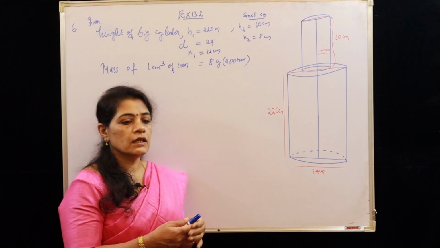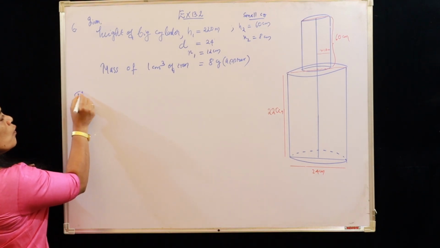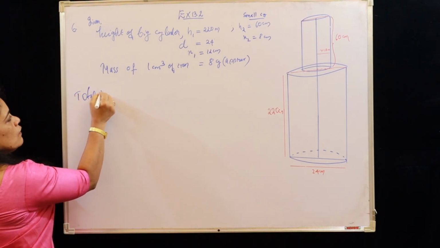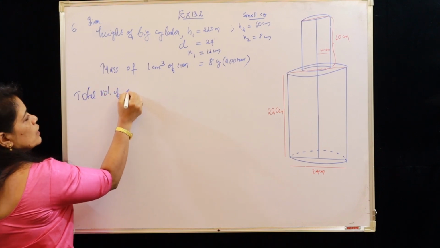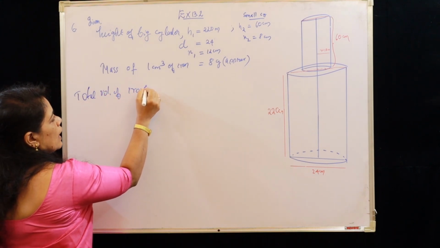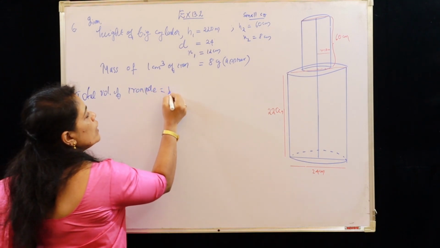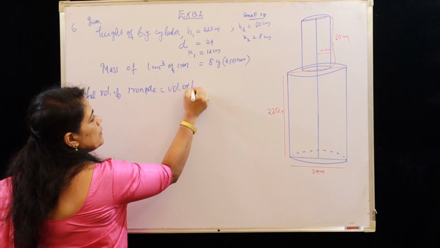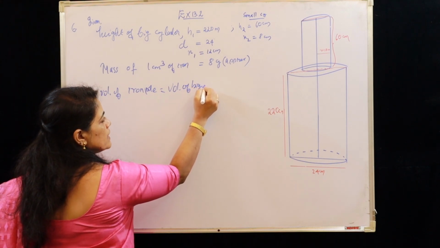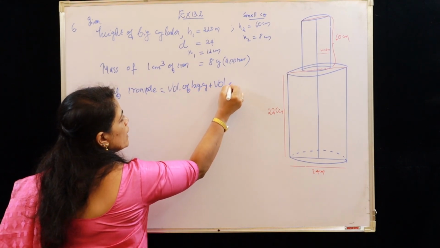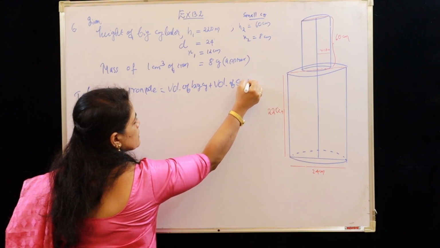Okay. So, the total volume of iron pole is equal to volume of big cylinder plus volume of small cylinder.